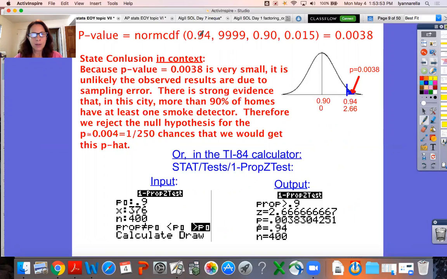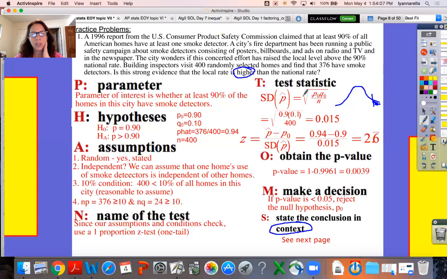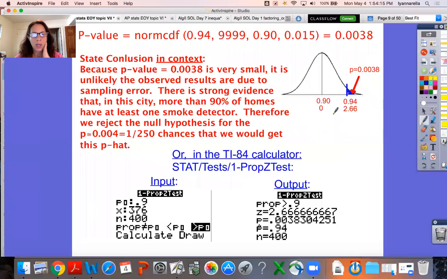I did the mean for the sample, and I went up to infinity, essentially. And then I did the p naught, or the p for the population. We believe it's 90%. And then the standard deviation I found using the square root of p naught q naught over n. So they would have to give you those numbers.